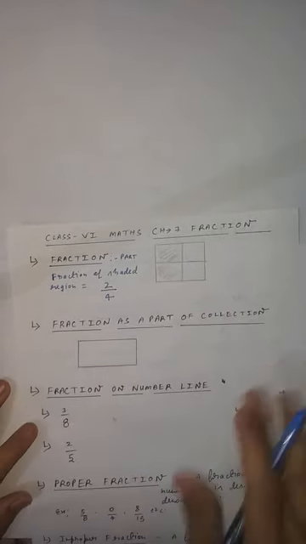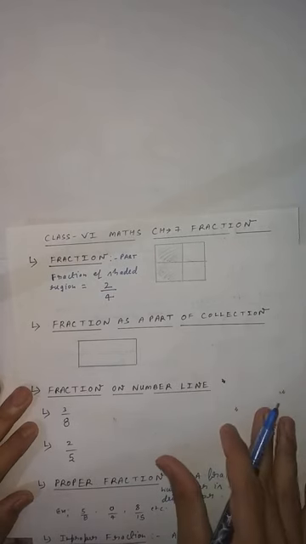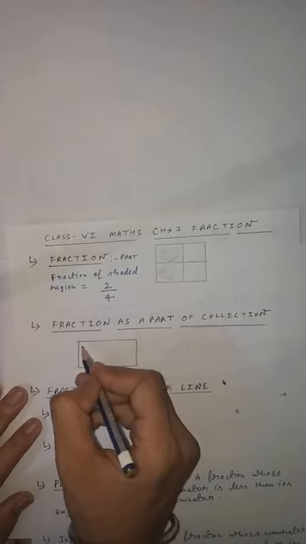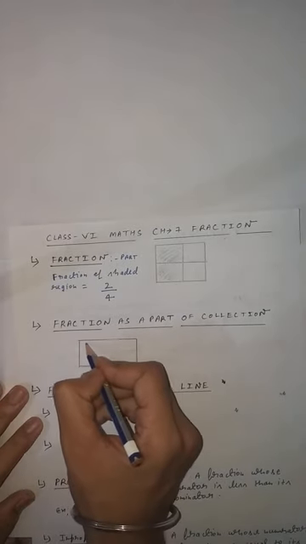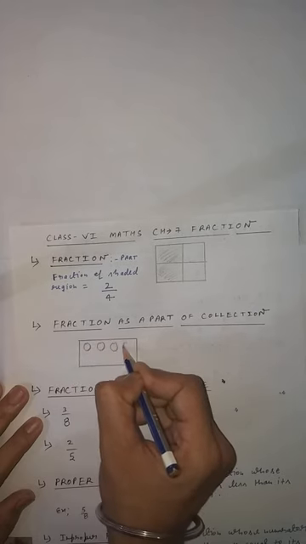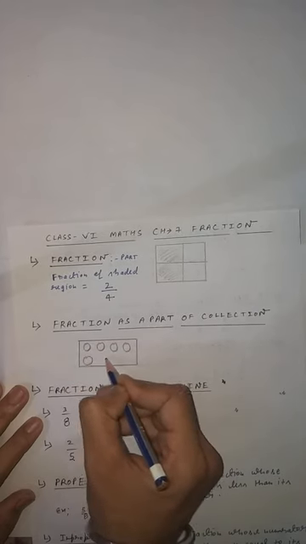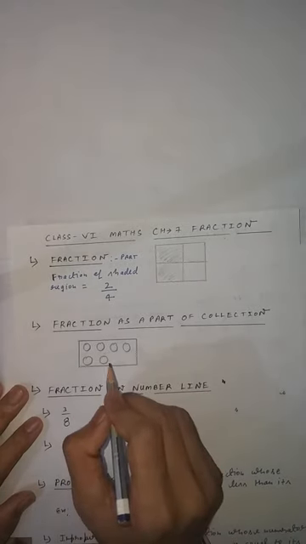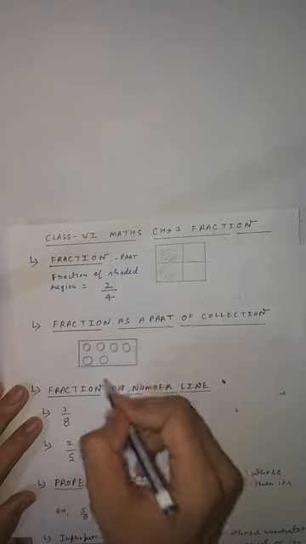Now the second topic, fraction as a part of a collection. This is also based on the same pattern, students. If a rectangle is given and you draw six circles inside the rectangle.